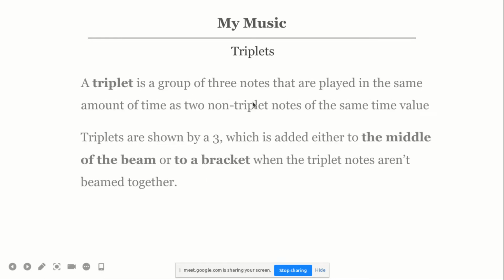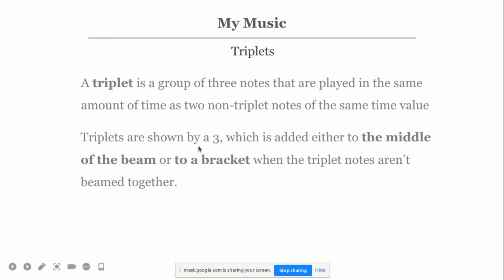So a triplet is a group of 3 notes that are played in the same amount of time as 2 non-triplet notes of the same time value. I know it may not make sense in the beginning. I'll repeat. A triplet is a group of 3 notes, but they are played in the same amount of time that it takes to play 2 of them. Same time value. You're going to see it in a moment.